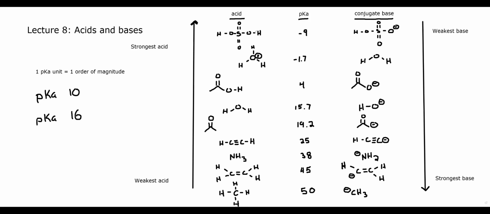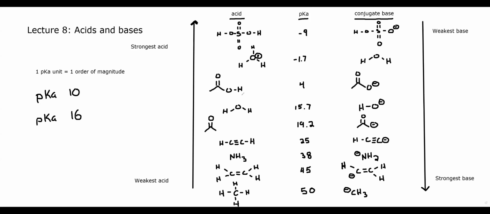So sulfuric acid is a very strong acid, which means the conjugate base, HSO4 minus, is a very weak base. A very strong acid has a very weak conjugate base, okay, and inversely, a very weak acid has a very strong conjugate base, okay?